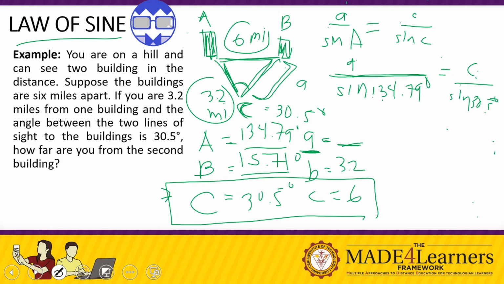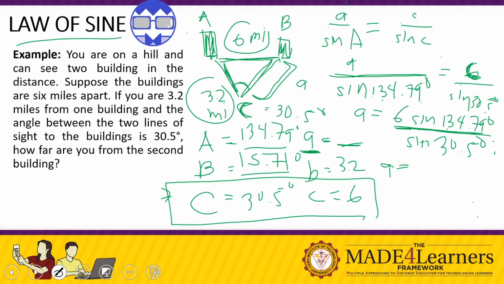Then cross multiply, this will give us a equals, what is c? c is 6. So a equals 6 sine of 134.79 degrees all over sine of 30.5 degrees.